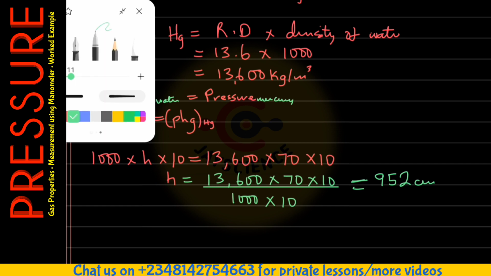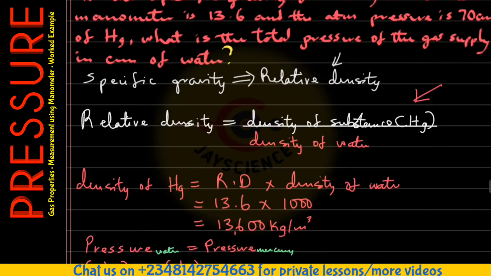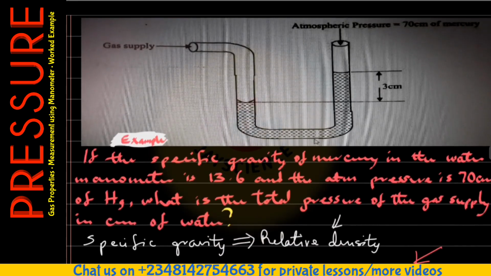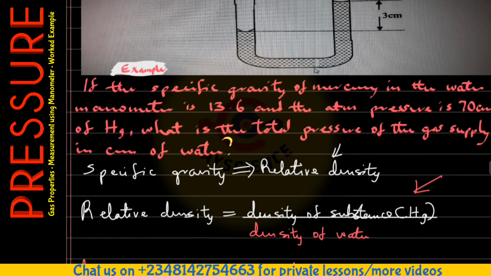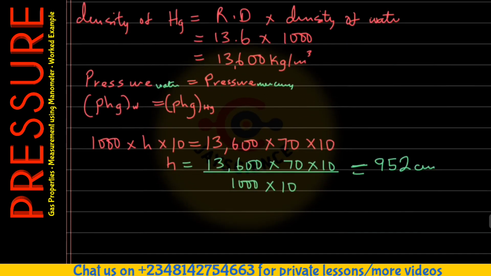And remember the principle when you're solving this kind of question: the pressure of the gas is equal to the pressure at this point plus the pressure due to the height of this water column. So what we get from our answer there is the pressure at this point. So we have to add the height of that water column. We're just going to add 3 to that.